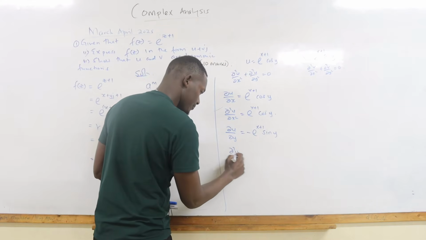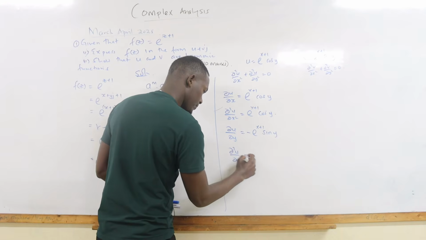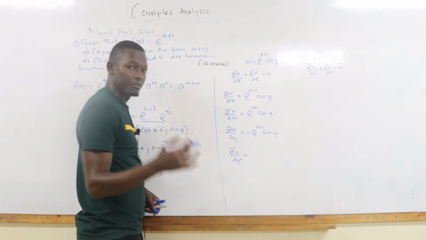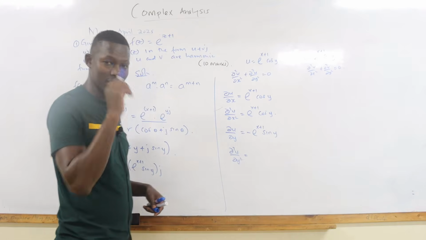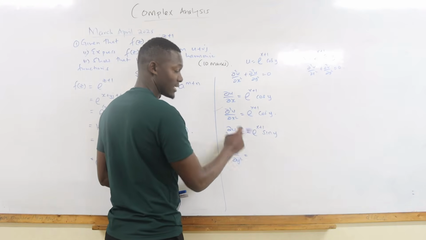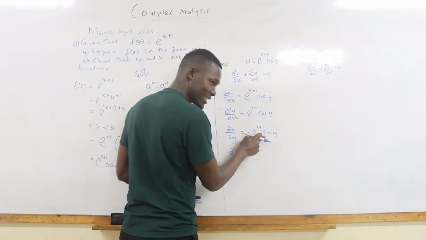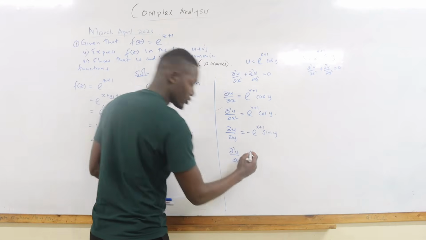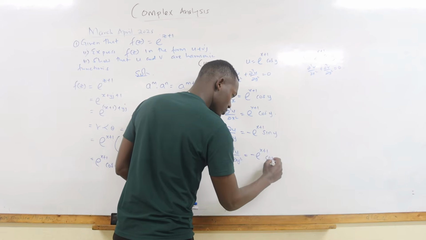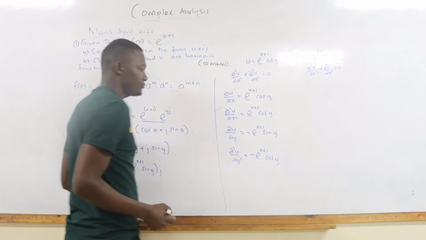Differentiate the second time: when you differentiate sine, it gives you positive cos, so it doesn't change the sign. So the negative remains, e to the x plus 1, then you have cosine of y.